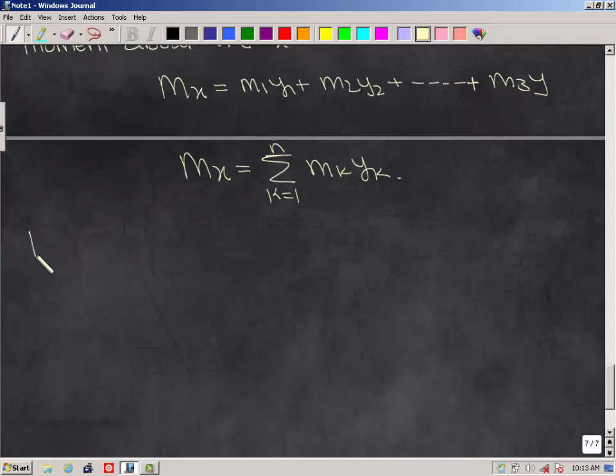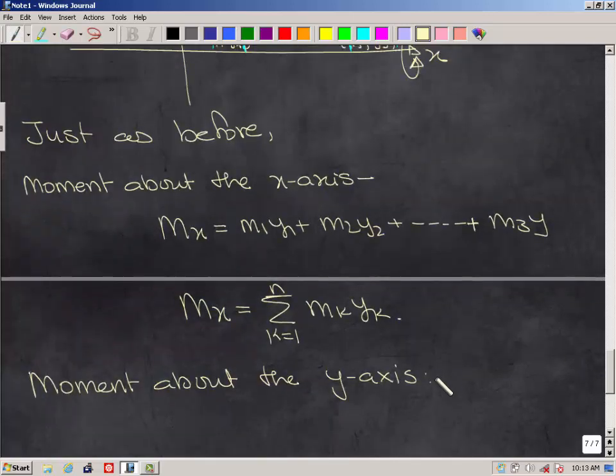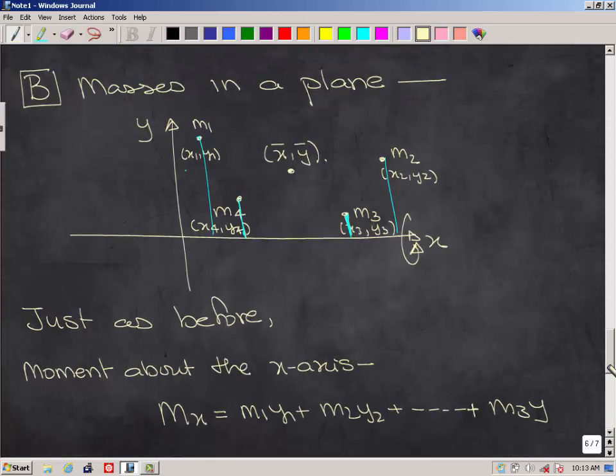Similarly, moment about the y-axis will be the tendency of the masses to rotate about the y-axis. Do you guys follow? It'll act like it's going to rotate about the y-axis. So we are interested in how far it is from the y-axis.